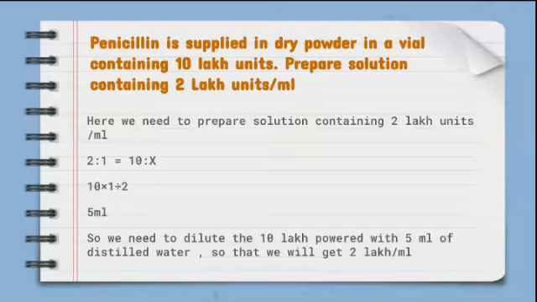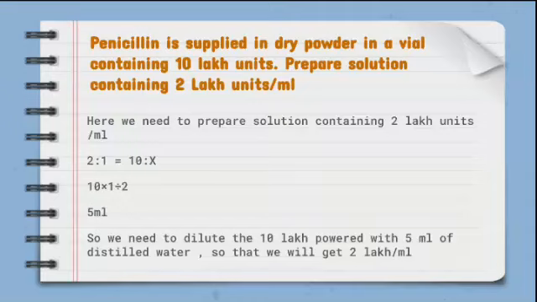Here we need to prepare a solution containing 2 lakh units per ml. So here 2 is to 1, like a ratio. So 2 lakh units in 1 ml. On one side we will keep 2 is to 1. On the other side we have 10 lakh units, but you don't know how many ml you are going to dilute with. So that x you need to find out.